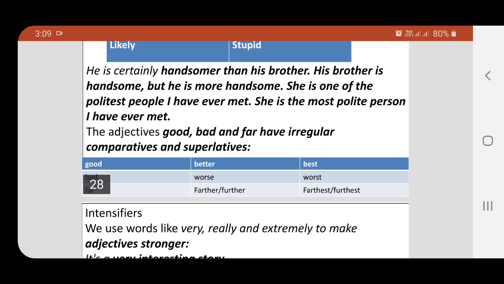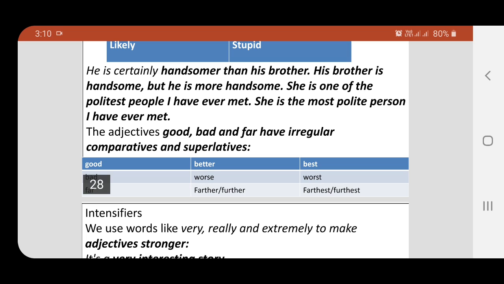His brother is handsome, but he is more handsome. She is one of the politest people I have ever met. That means she is the most polite person I have ever met. So that statement can also be told like this: she is one of the politest people I have ever met.